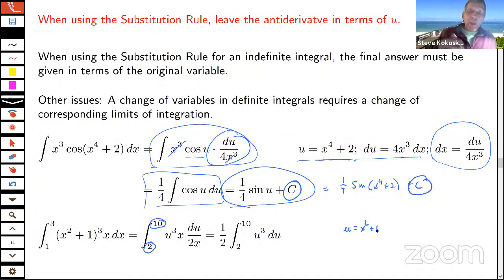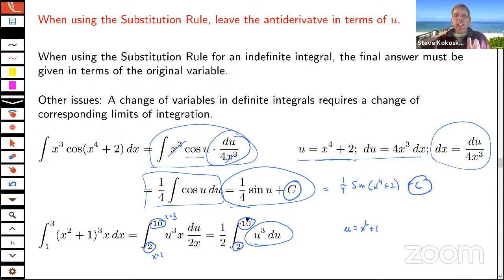Now, somebody out there is already writing in the chat, well, why can't I just write x equal 3 and x equal 1 down there? Why do I have to do that? Well, what are you going to do in the next step? Now, everything in the integrand is in the u world. We don't want to leave this in terms of x because when I integrate this with respect to u, I'm going to plug in the u bounds.